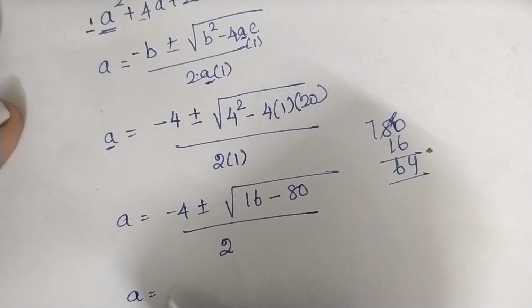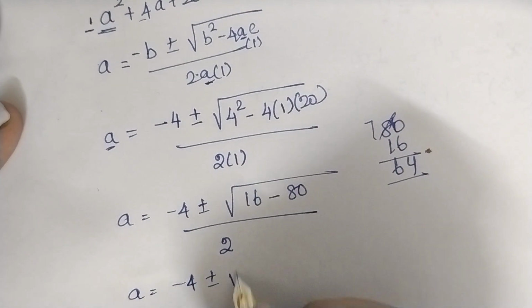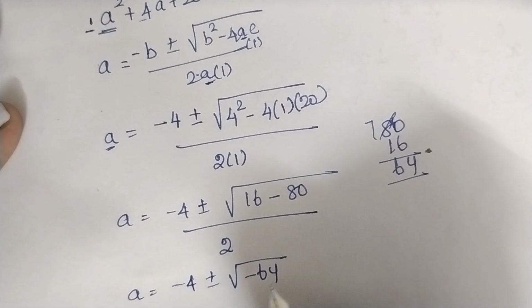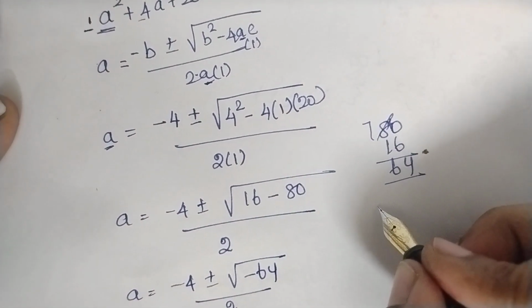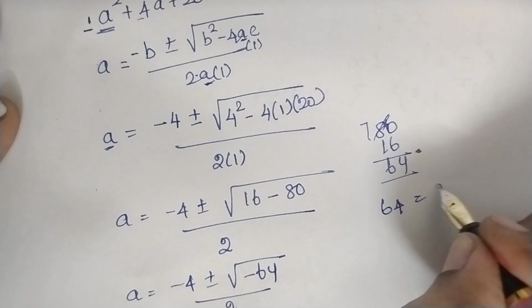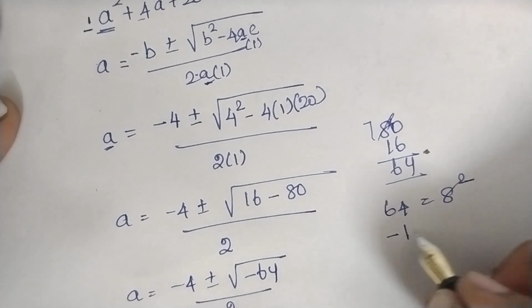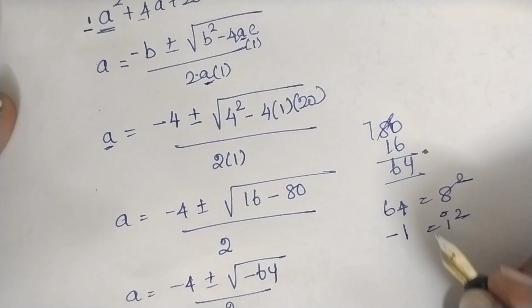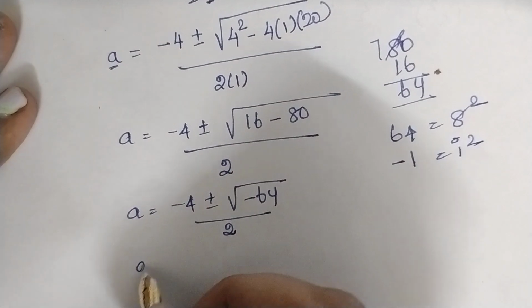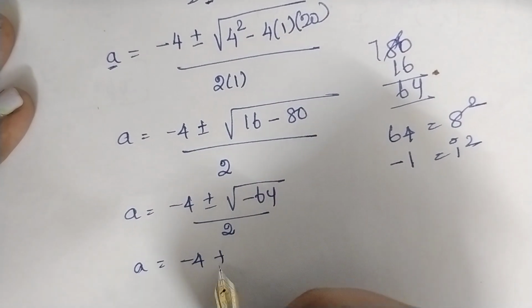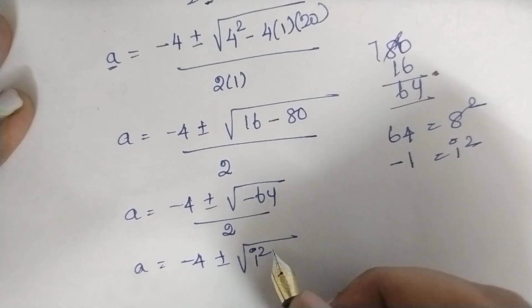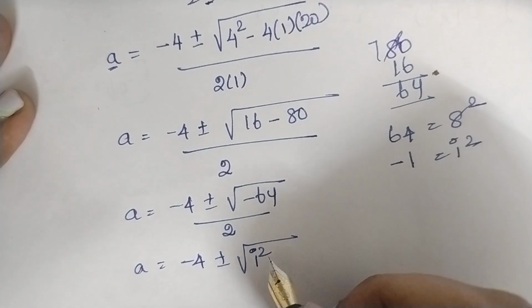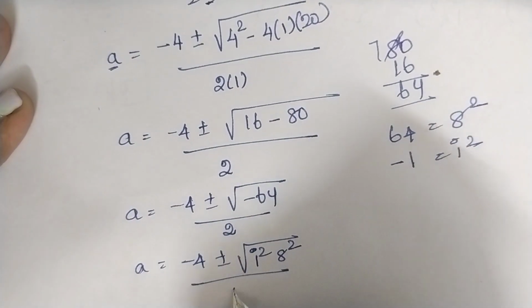Therefore a is equal to minus 4 plus or minus the root of minus 64 divided by 2. Obviously we know 64 is equal to 8 square. Similarly, minus 1 is equal to i square. So replace that here. Instead of this minus 1, I am going to write i square, and instead of the 64, I am going to write 8 square, divided by 2.